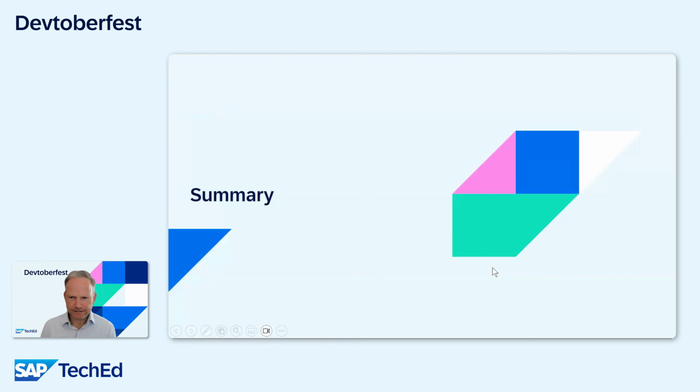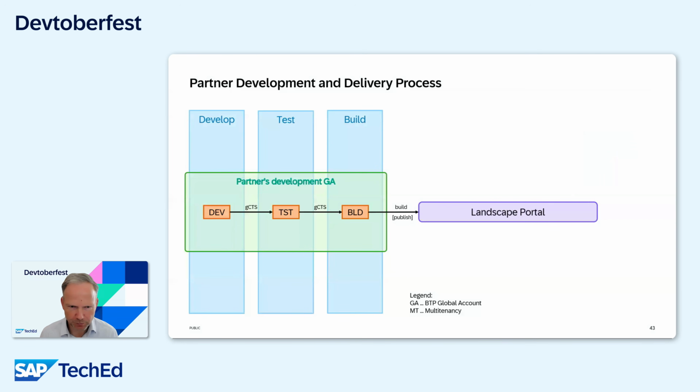Yeah, thanks a lot, Ronnie. Due to time limits, I would like to move on with the summary and summarize what we saw in this demo. So the typical partner development and delivery process is to develop, test, and build the product.